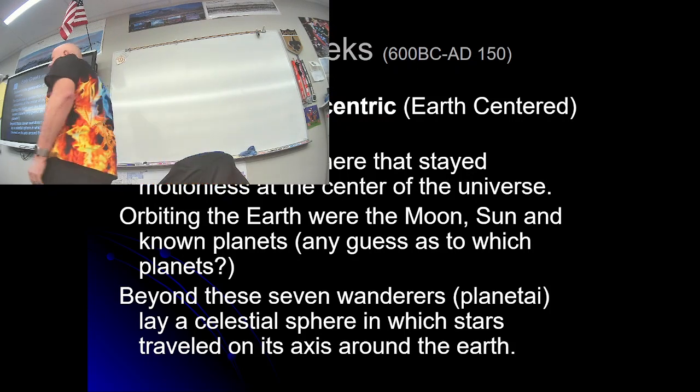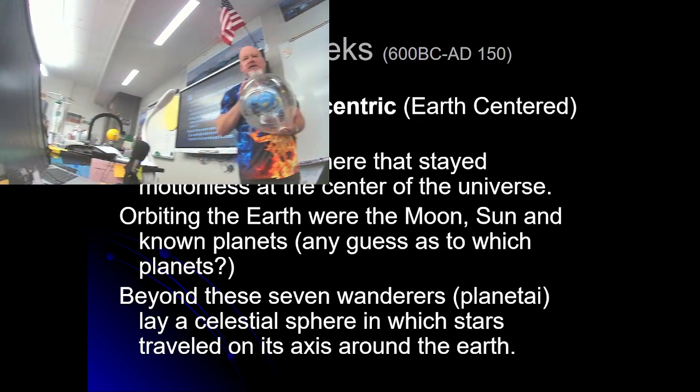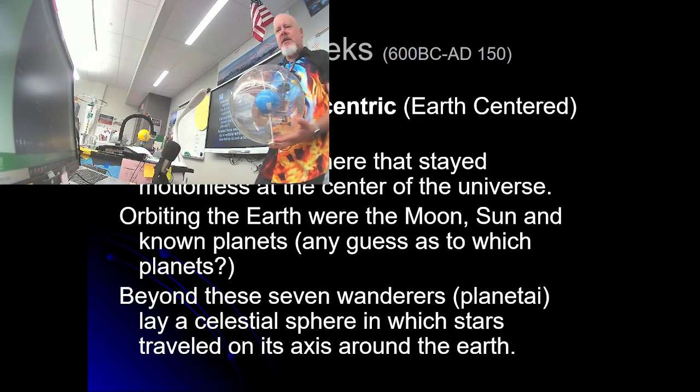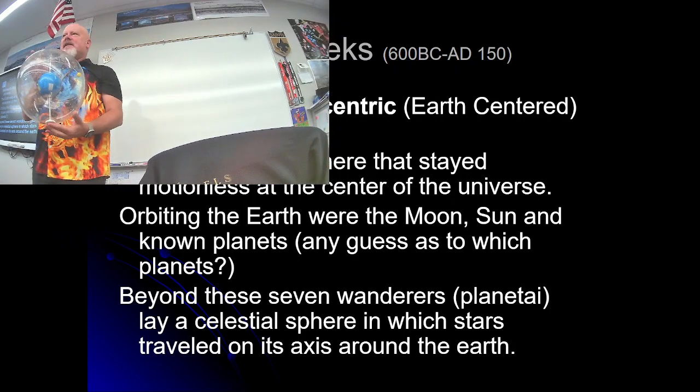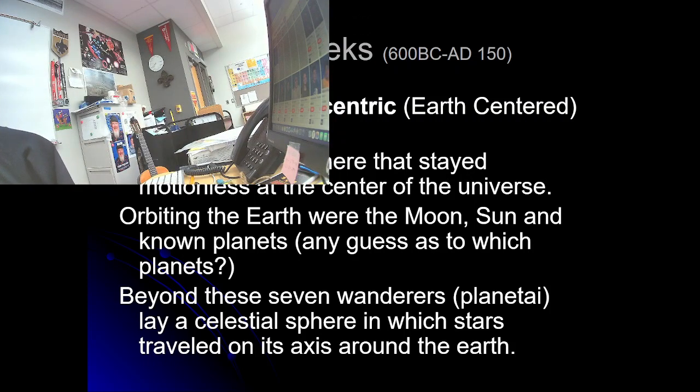We talked about the ancient Greeks and how the ancient Greeks believed in a geocentric universe. So what is a geocentric universe? The Greeks looked up at the stars and they noticed that the stars seem to be orbiting the Earth. Now we know that better, right? We know now that the Earth rotates on its axis and the stars don't go around us.